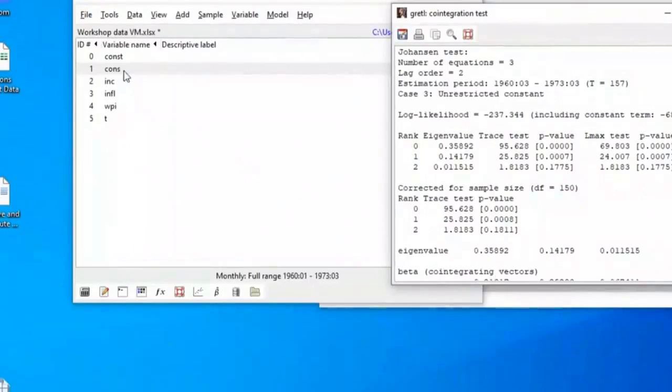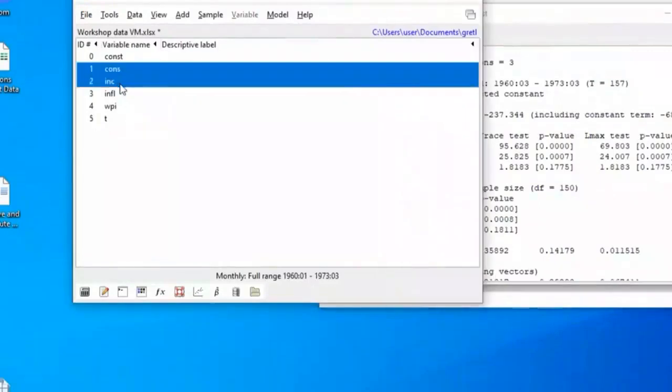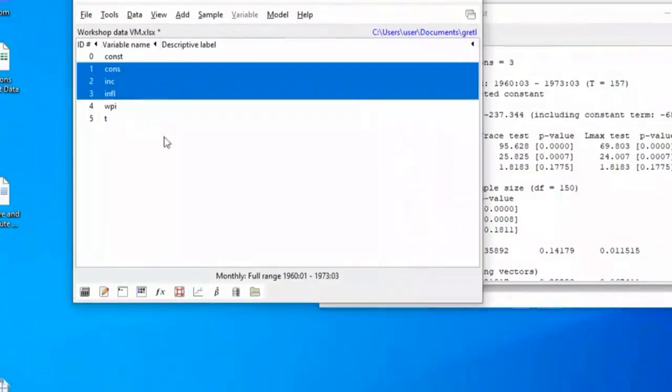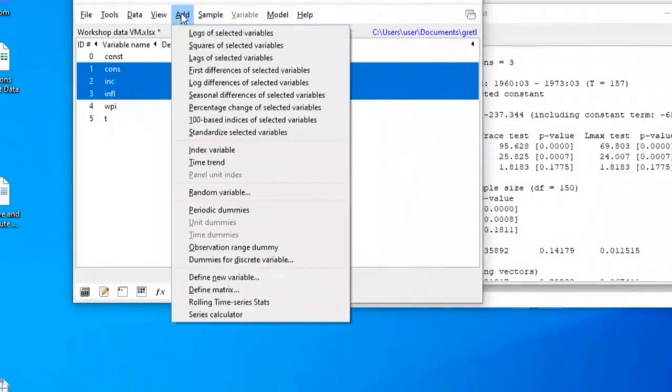To get the first difference of these three variables, we mark all the three variables and go to add. Here we have first difference of selected variables. Now here we can have the log of the variable, square, log, first difference, log difference, seasonal difference, and so on.